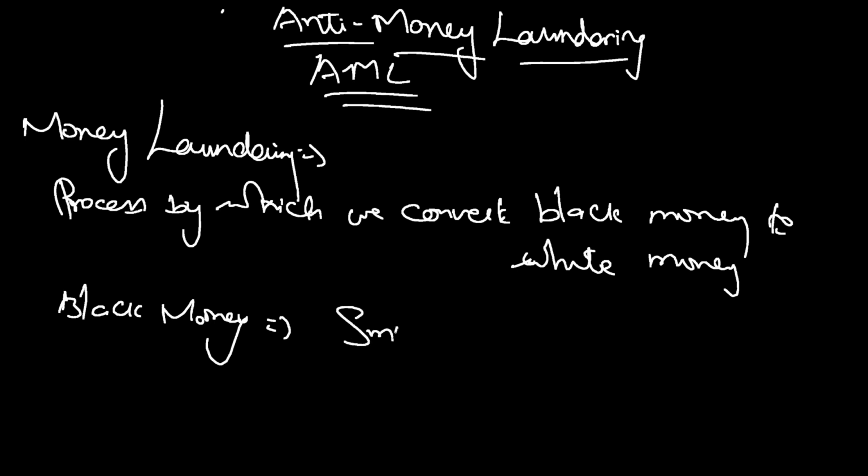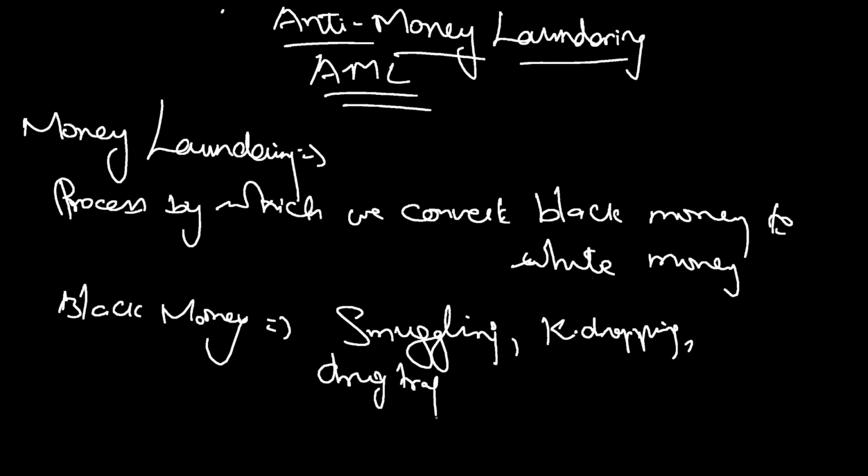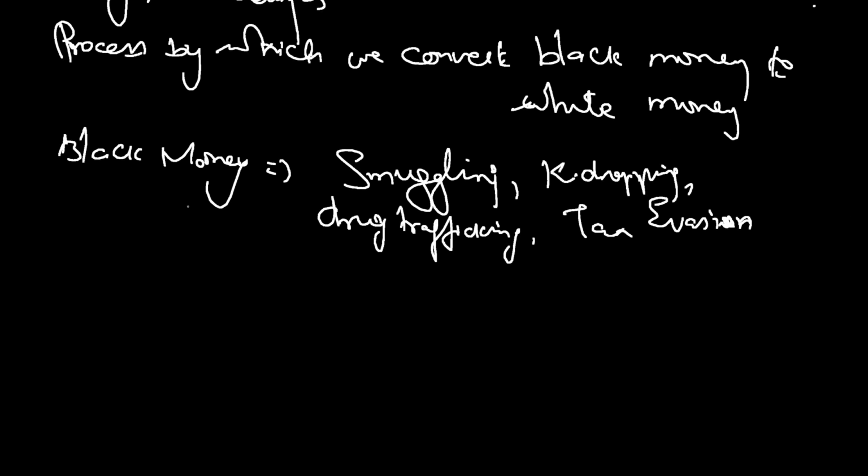For example, you are smuggling and you have got some money, you have kidnapped and you have got some money, you are doing drug trafficking and getting money, or you are simply doing tax evasion. You are supposed to pay tax, but you are evading and not paying tax. That becomes black money. These are some of the ways by which you can get black money.